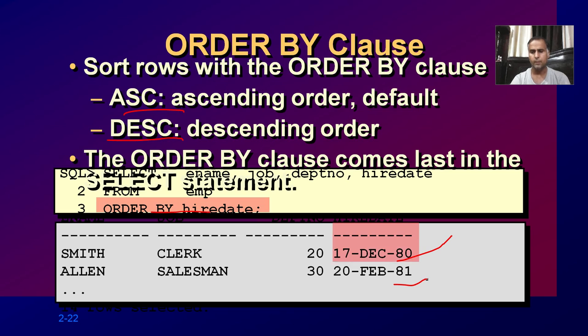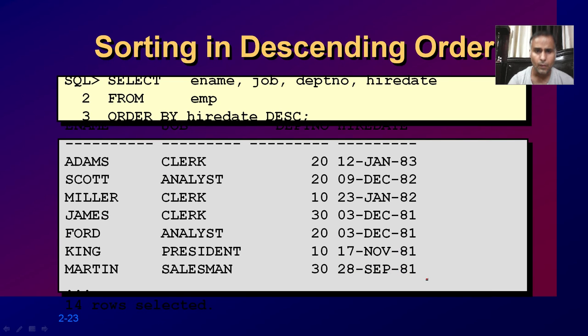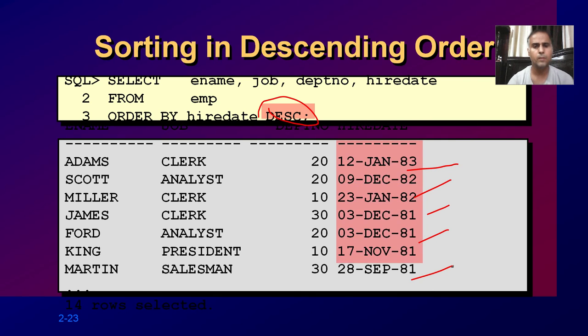By default it is this way. For sorting in the descending order, we have to mention it, by default it is ascending order. So if you want it in the descending order, 83, 82, 81, 81, then it will display 81. Is it clear? I hope you are getting the purpose of the ORDER BY clause.